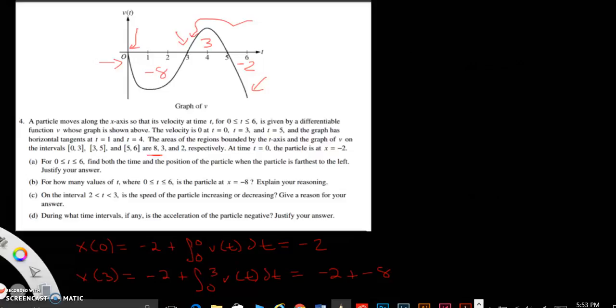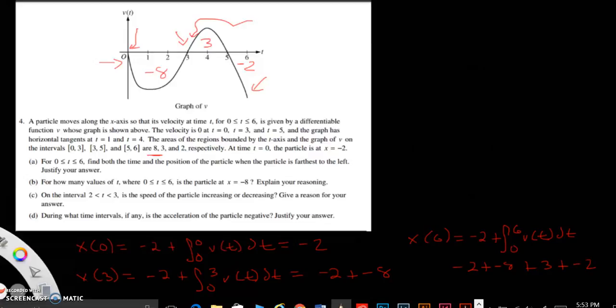Then the last point is going to be x of 6. So x of 6 is going to equal negative 2 plus the integral from 0 to 6 of v of t dt, which is going to equal negative 2 plus negative 8 plus 3 plus negative 2.